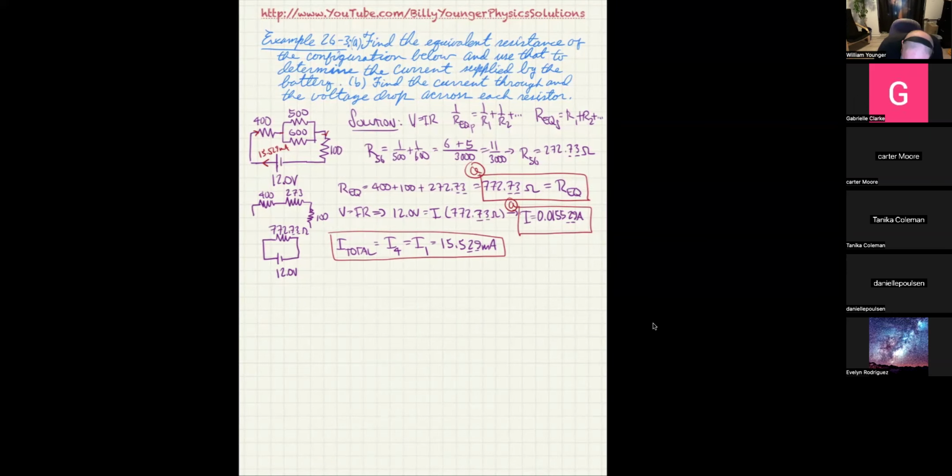Using Ohm's law, V equals IR. So I can basically conclude that V4 is equal to 15.529 milliamps times 400 ohms.